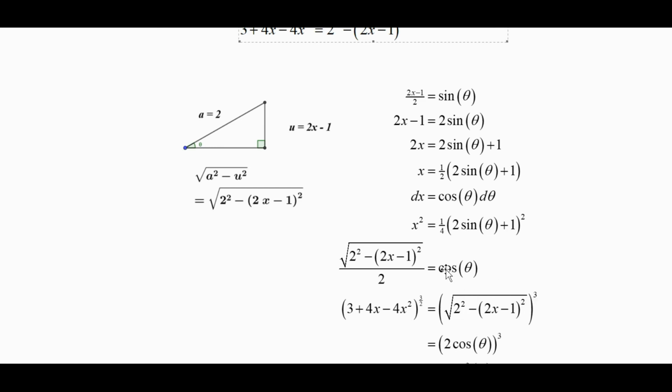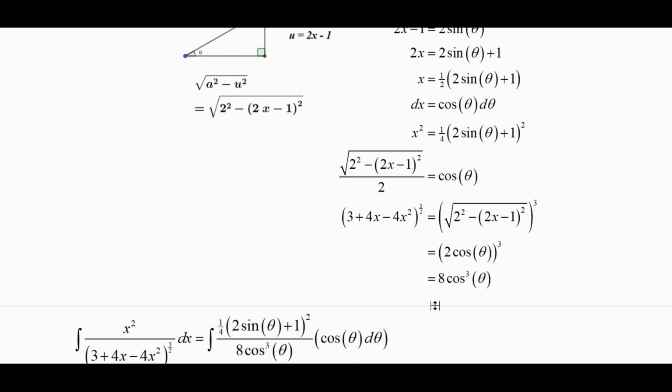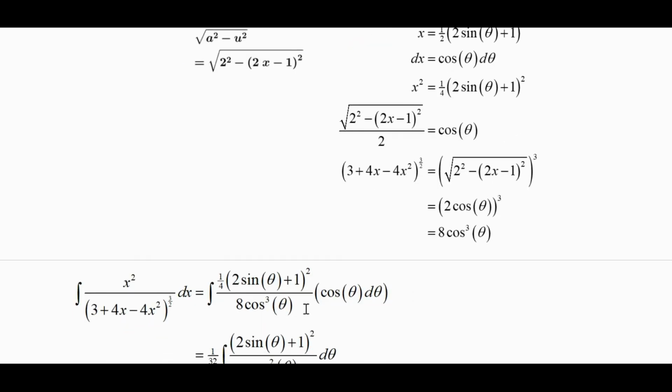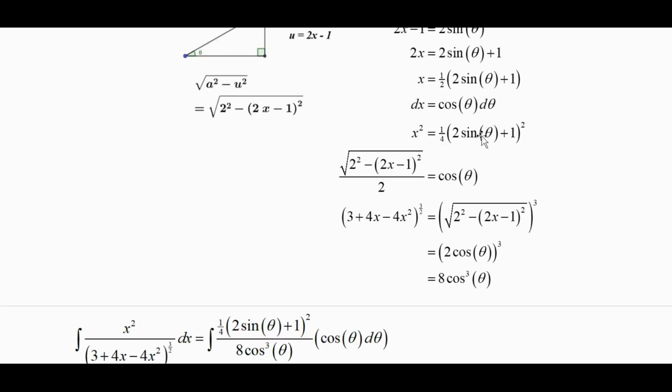That square root is 2 cosine of theta. So we got 2 cosine theta cubed, which is 8 cosine cubed. Now, armed with all this, we can substitute in. A little bit of work there, but let's stay with it. X squared is 1/4 of 2 sine theta plus 1 squared.